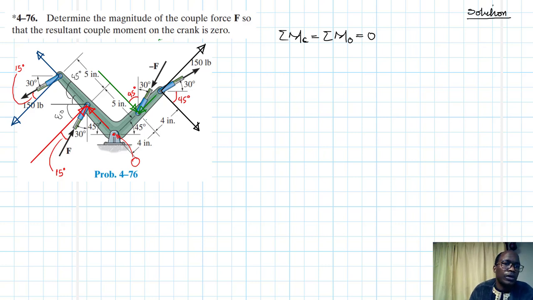Great. So let's label these. This is 150. This is 150 sine 15. Then this one is 150 cos 15.